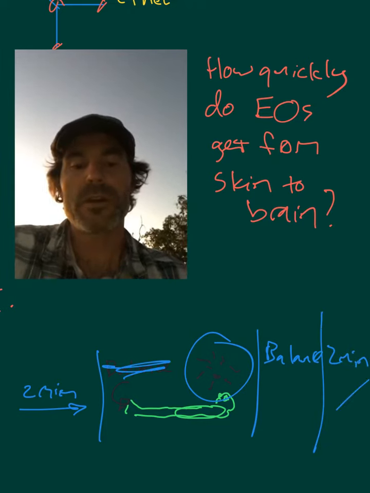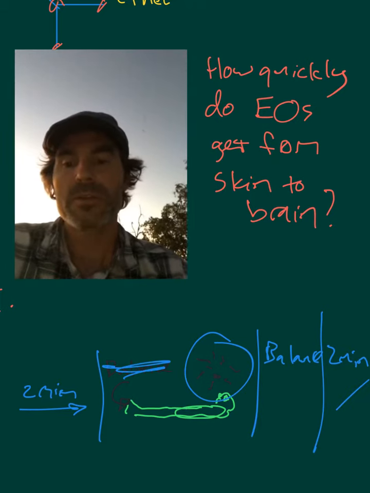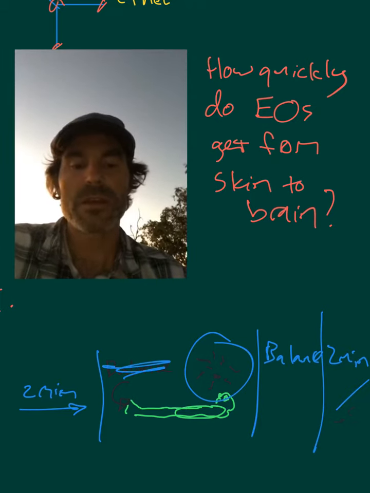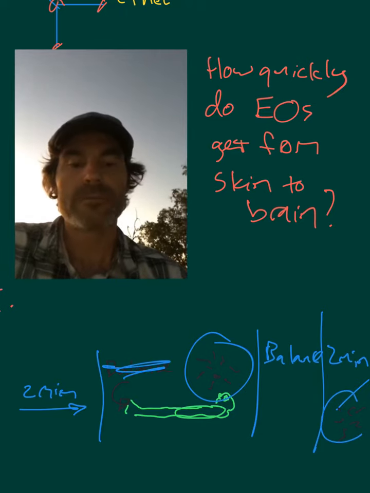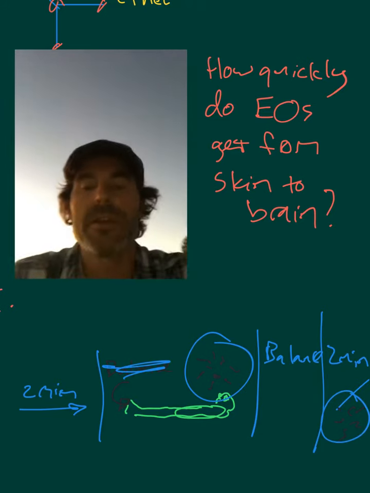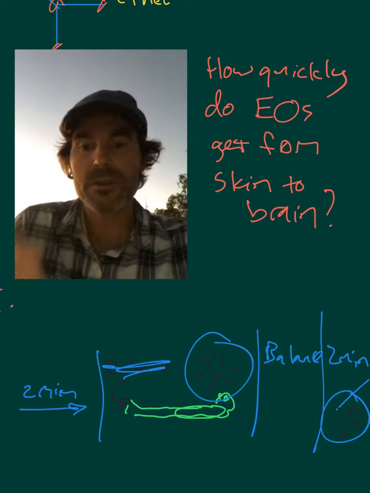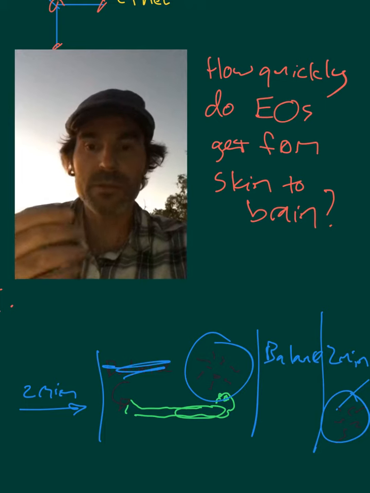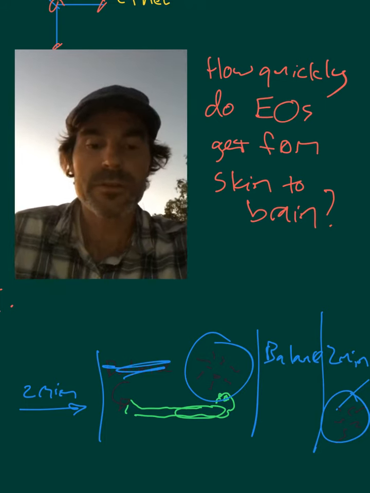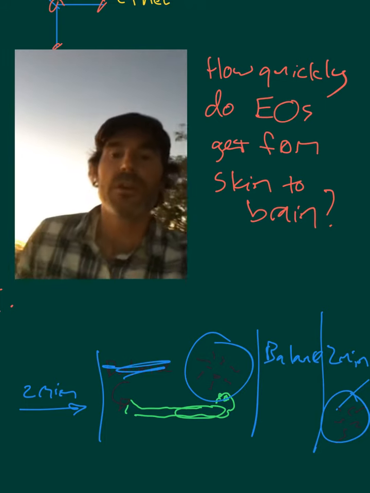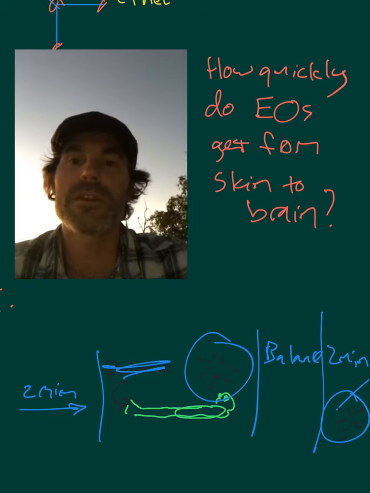And then final step, sorry, I'm running out of room. Final step, check the squiggly things again and see if you notice a difference. Basically we're checking whether the balm has gotten into the retina, into the retinal blood flow, and made a difference to these squiggly things within 2 minutes.